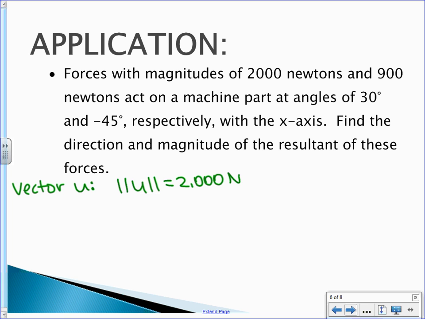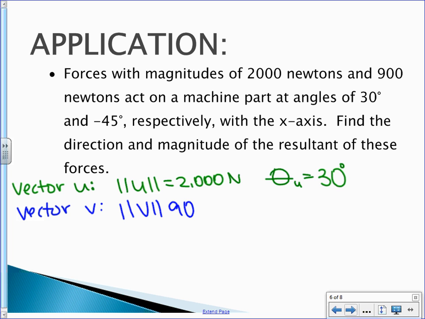Since we listed 2,000 newtons first, 30 degrees is the first angle, so theta for vector u is 30 degrees. And then we'll call vector v the second force, which has a magnitude of 900 newtons, and the direction angle for v would be negative 45 degrees.